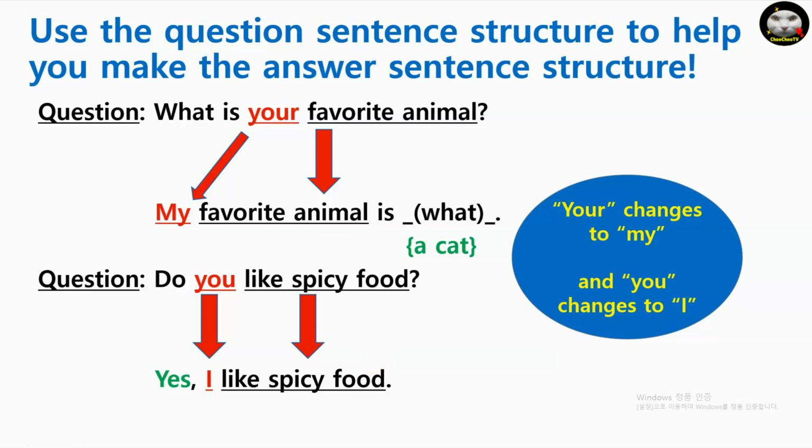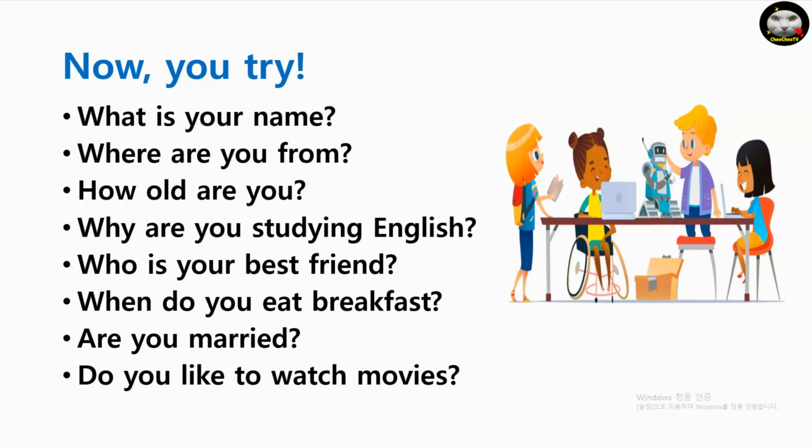Now you try. Try answering these questions that I ask you using SVO sentence structure. Long, simple sentence answers, not just with one word. What is your name? Where are you from?